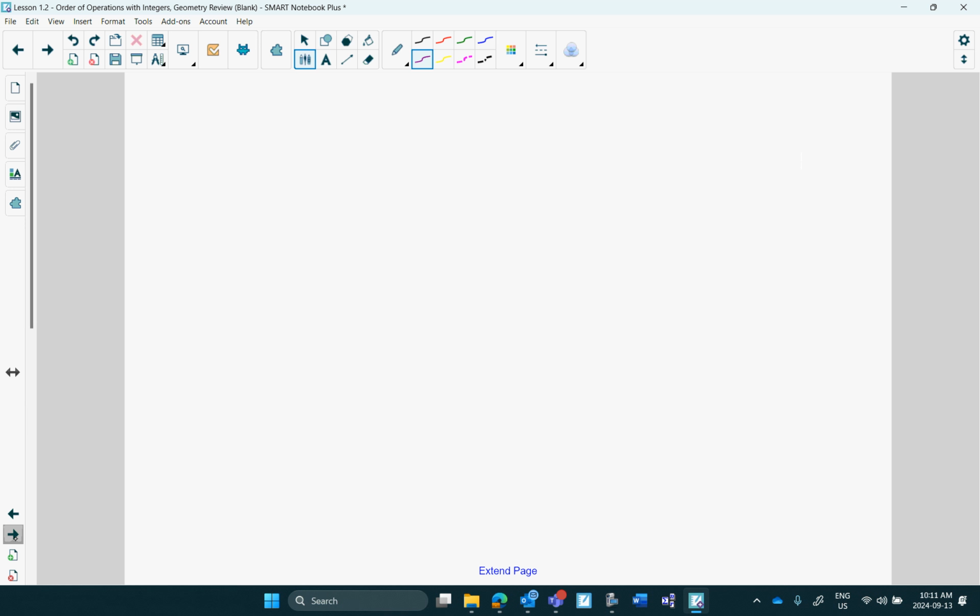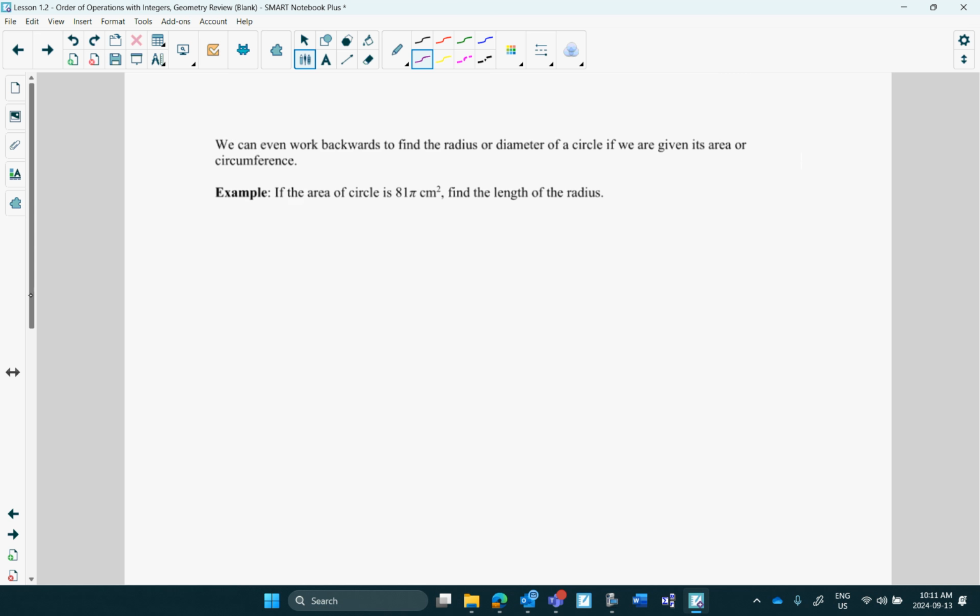Finally, here's an interesting one. Get you to think a little bit. What if you're asked to work backwards? What if you're given the area and asked to find the radius? What do you think the radius of this one would be if its area is 81 pi?